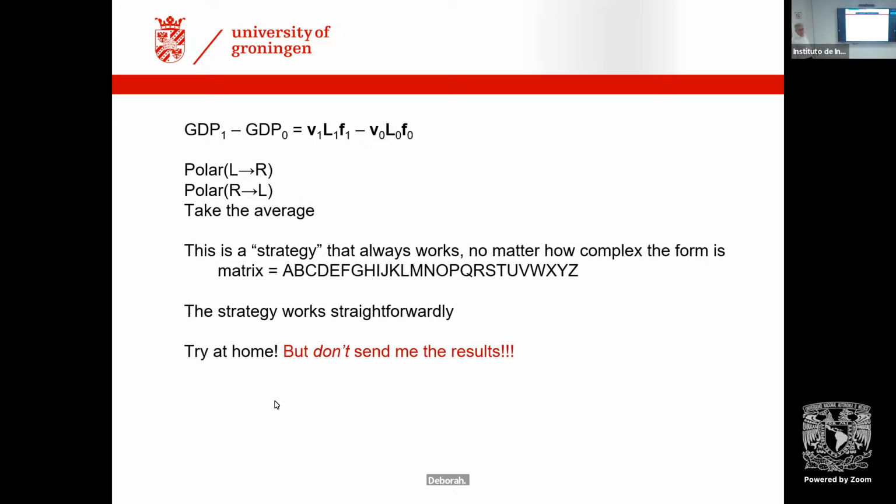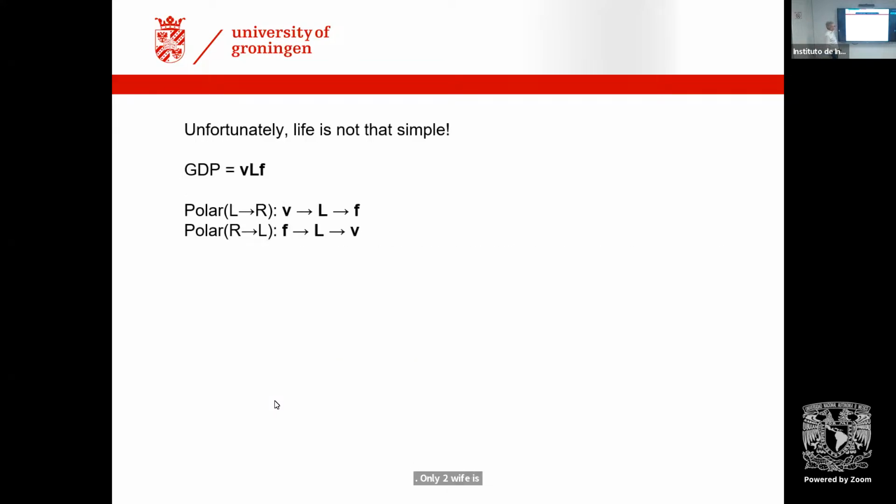Any other questions? So, well, it's great, excellent, and so far it has been hilarious with all the zeros, but only 2 polars. Life is not that simple. So we have done the polar VLF and the other polar FLV.